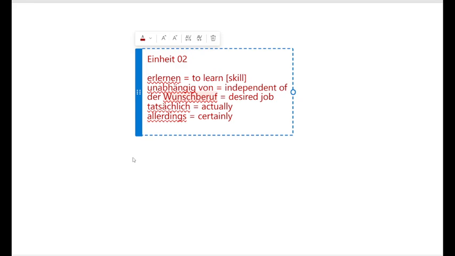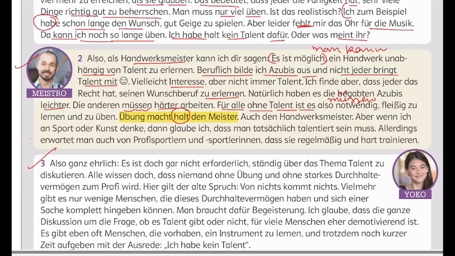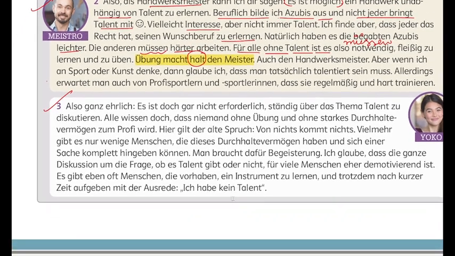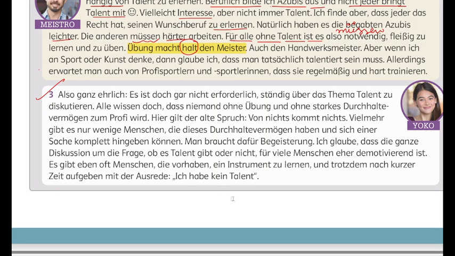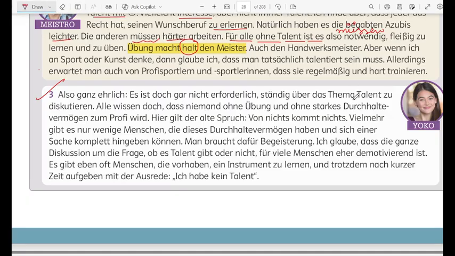Another one we use is Sportler, that is a pro athlete, or a professional athlete. So, dass sie regelmäßig und hart trainieren. It is expected from professional athletes that they train regularly and work hard.